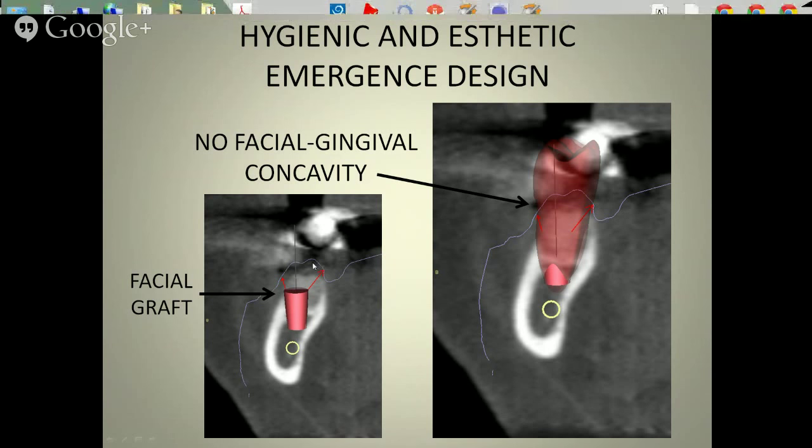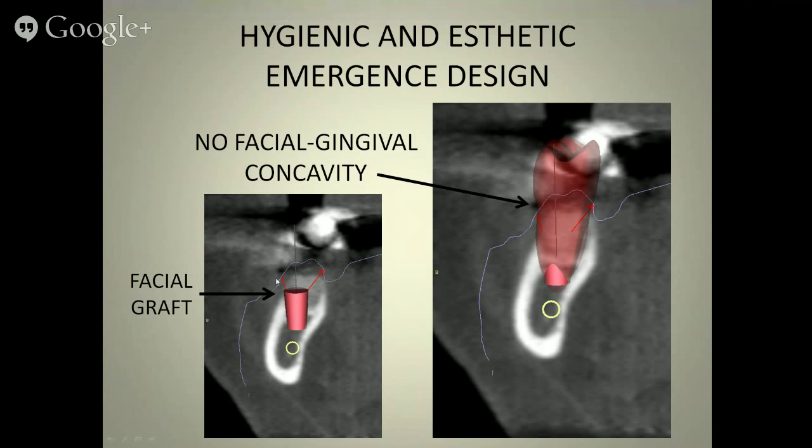That's exactly what that is. So we can tell where the tissue is, where the tooth's going to emerge out of the tissue, and how much running room we're going to have for that. That's correct.